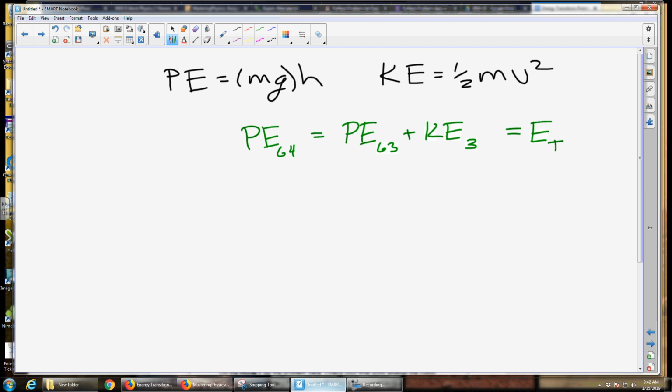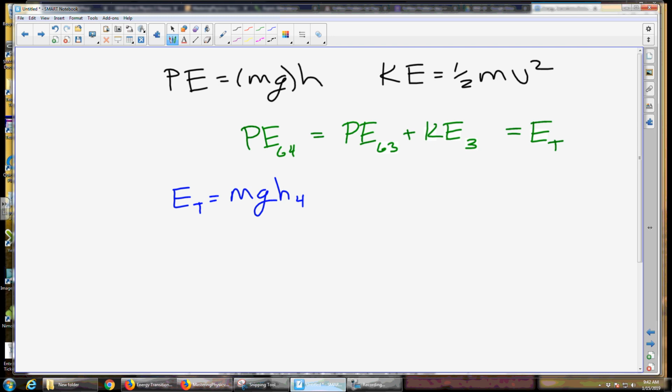So I want to find all 3. I might do my energy total first, and that would be mgh at 4. I might figure out that number first, and then I know that number equals PE at 3 and KE at 3.